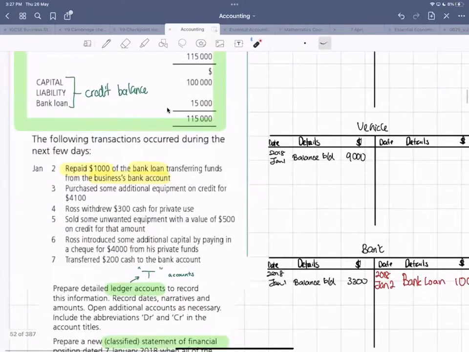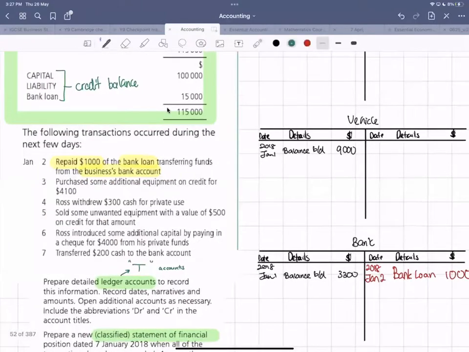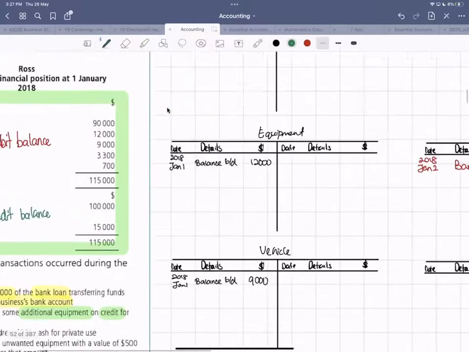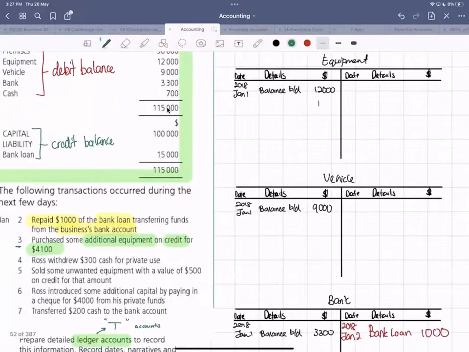All right. Then next, on January 3rd, so I'm going to label this in green color, purchase some additional equipment. So your equipment will increase on credit for 4,100. So you need to go to your equipment account first. Right, 4,100 increase on January 3rd. From where did we buy it?